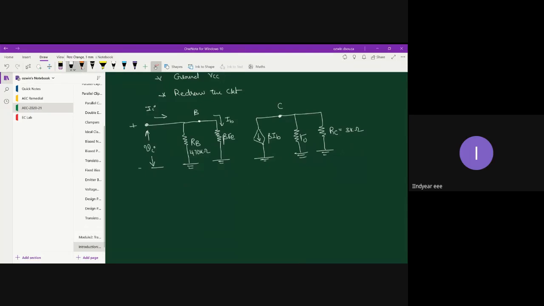For better clarity, let me place the re model elements inside this box.